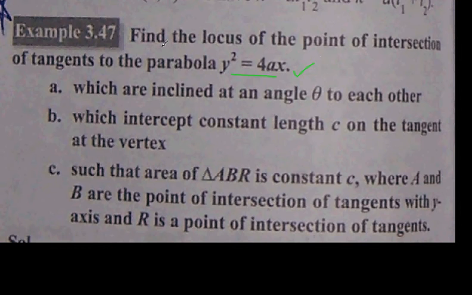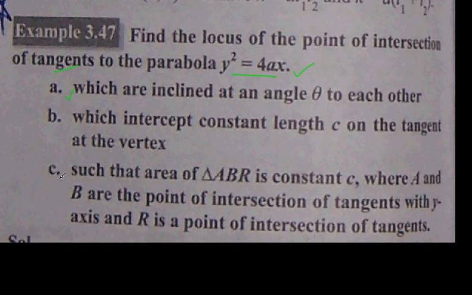What it says: find the locus of point of intersection of tangents to the parabola, which means these tangents which are inclined at an angle theta to each other. That is the first one which we need to find. Second, these tangents intercept a constant length c on the tangent at the vertex.